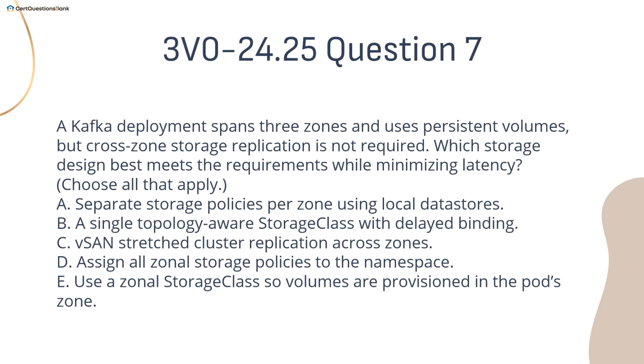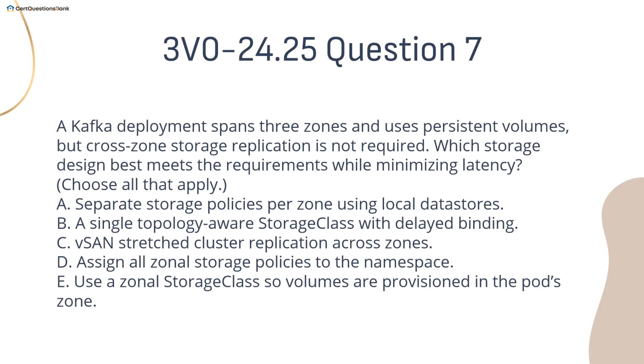A Kafka deployment spans 3 zones and uses persistent volumes, but cross-zone storage replication is not required. Which storage design best meets the requirements while minimizing latency? Choose all that apply. A. Separate storage policies per zone using local data stores.